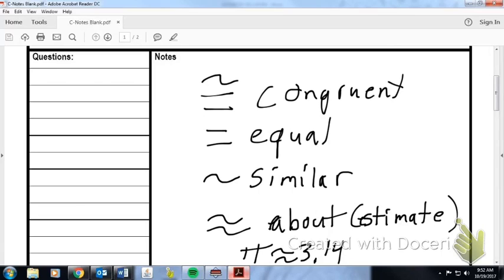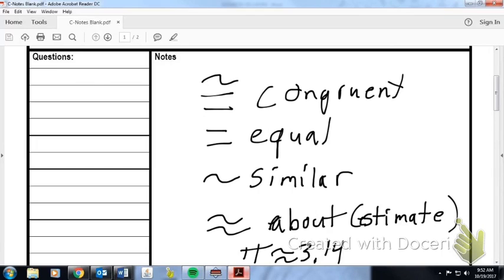If they are corresponding angles formed by a transversal cutting across two parallel lines, they are congruent. If they are alternate interior angles formed by a transversal cutting across two parallel lines, they are also congruent. Now, if they're same-side interior angles formed by a transversal cutting across two parallel lines, then they are supplementary.